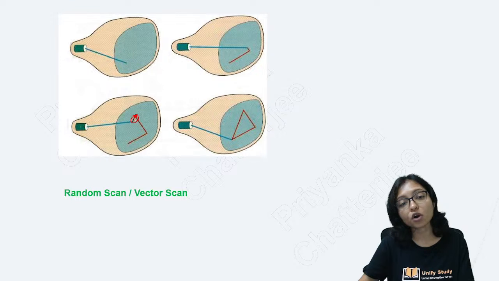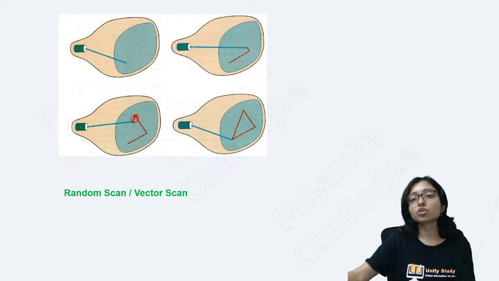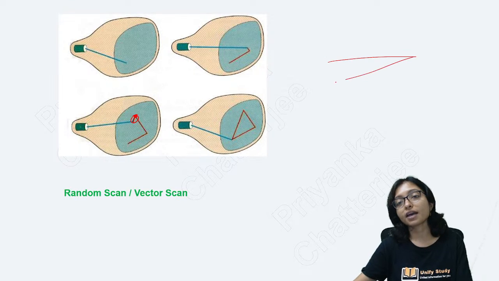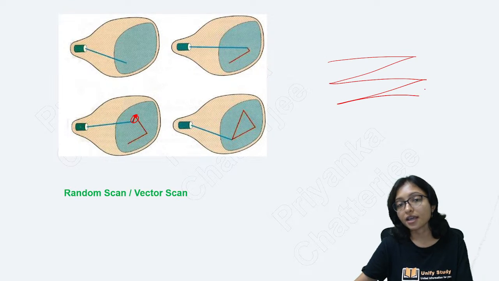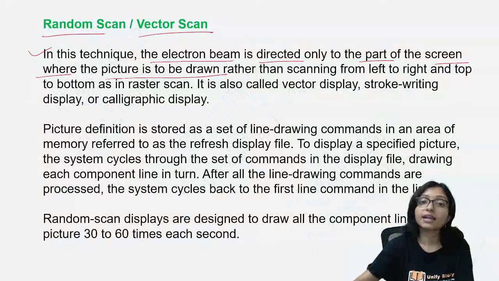Directly the beam will plot the value here through the coordinate. It will not do the scanning one by one, not like that. Exactly on that point it can put the value and draw it. It will draw here, then after that it will come to this, then it will draw like this. Okay, this is the random scan.